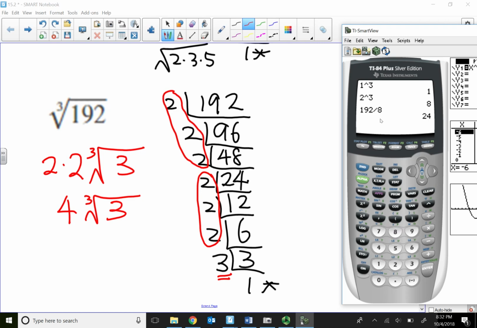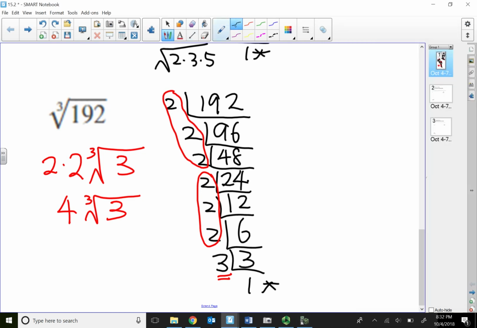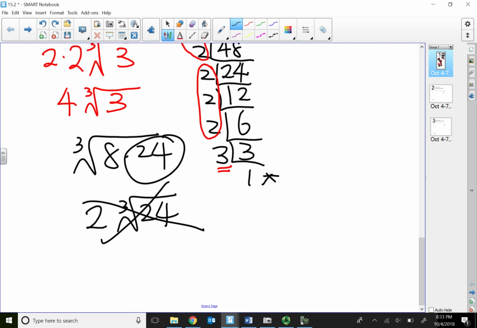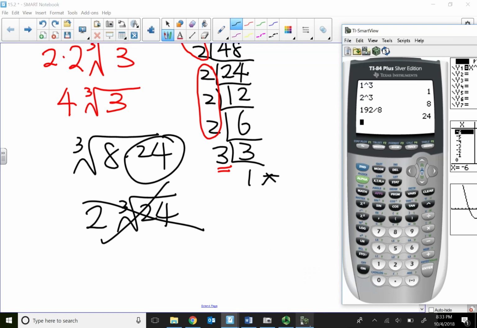Yes, it does. Going as 24. So if you say this is actually cube root of 8 times 24, and cube root of 8 is going to be 2, so that's 2 times cube root of 24. That will actually be a wrong answer, because within the 24, there's actually another 8 inside of it.